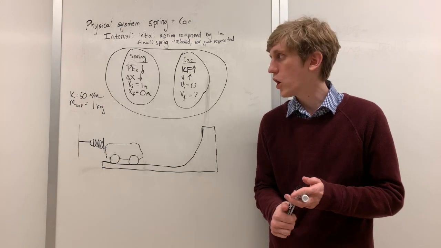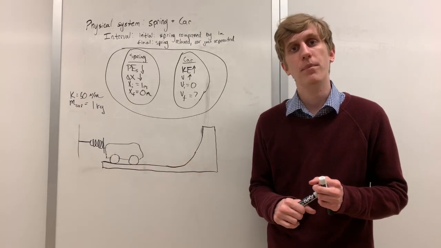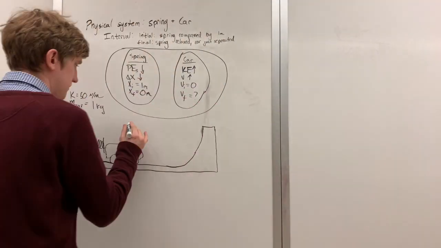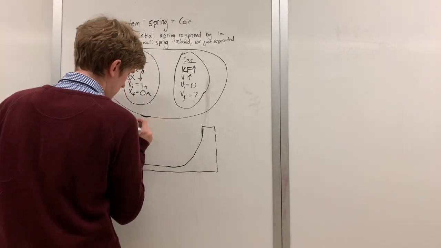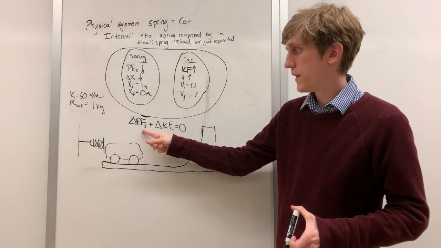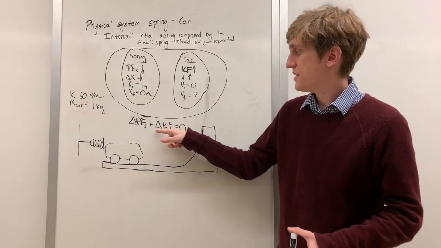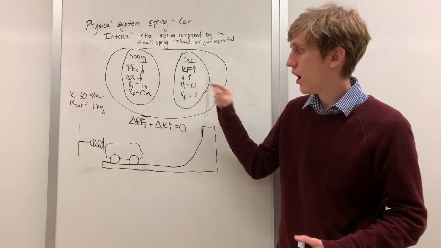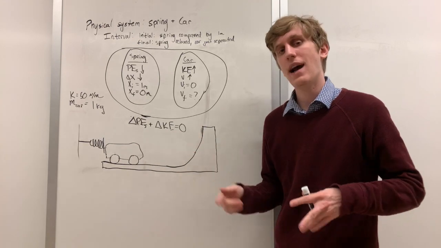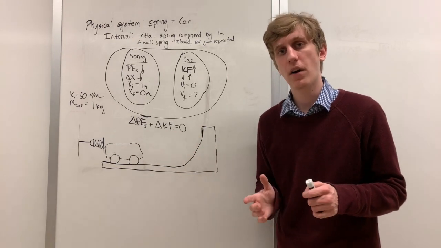There's no heat or work associated with this problem, so the statement of energy conservation just looks like this. The change in the potential energy of the spring plus the change in the kinetic energy of the car equals 0. Let's see if we can write this out and solve for the final speed of the car.